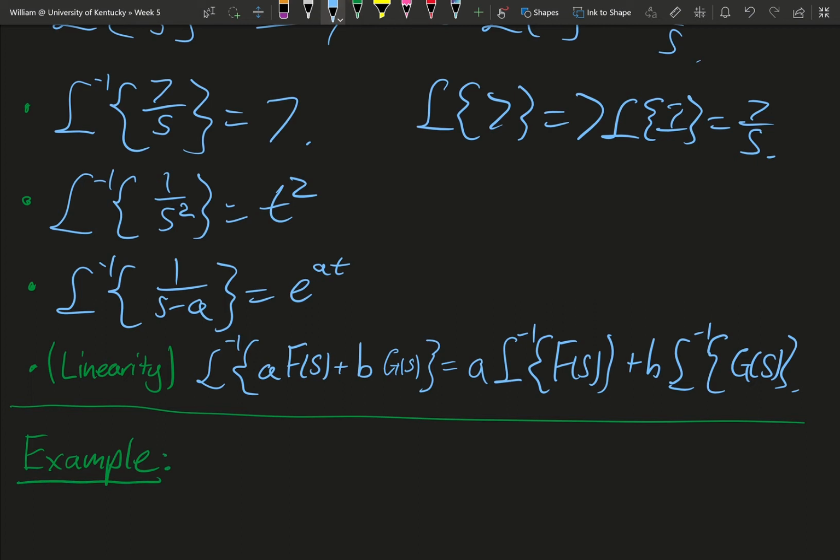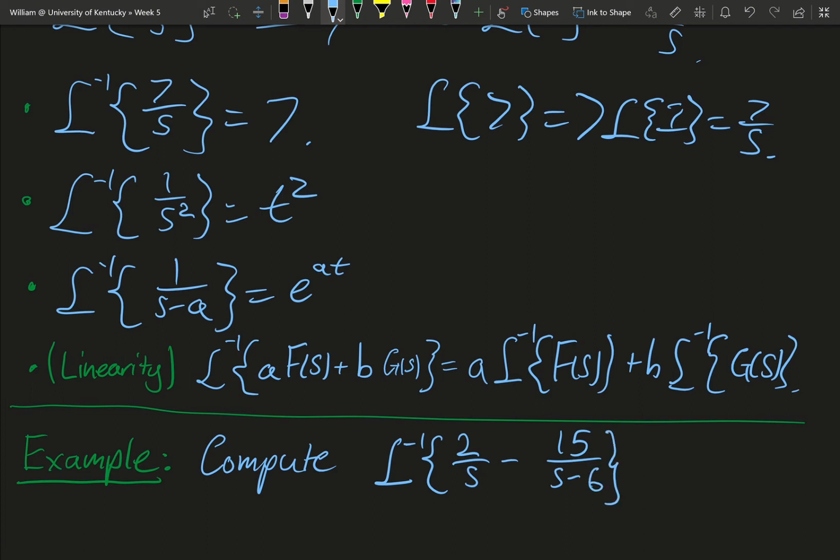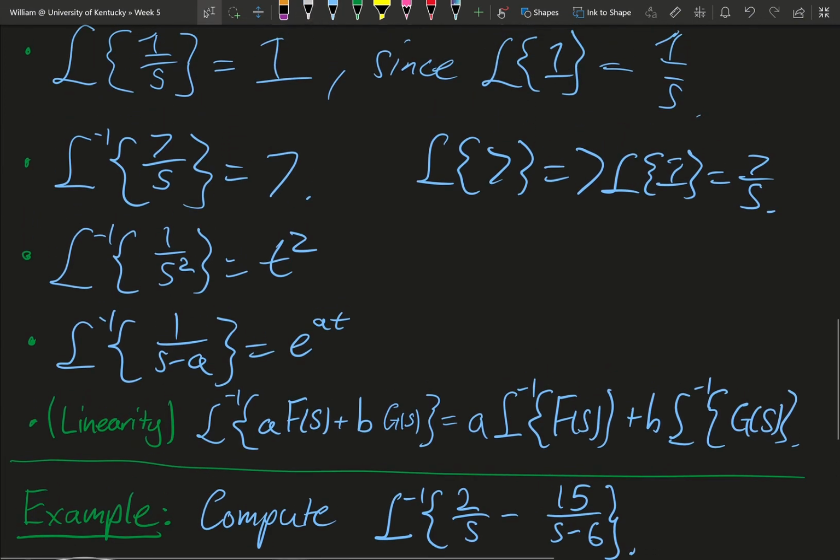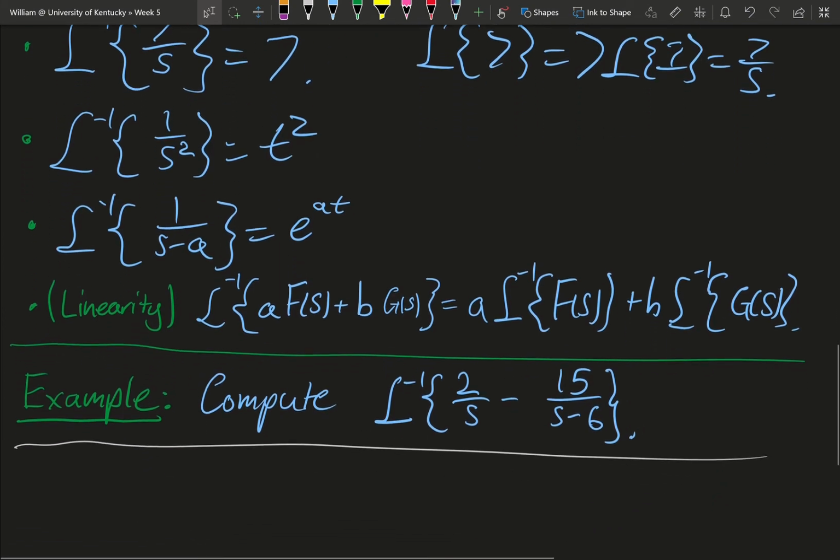All right. So let's compute a couple of inverse transforms. We'll start with something pretty straightforward. All we can really do is separate things into parts that we can identify as inverse Laplace transforms of something.